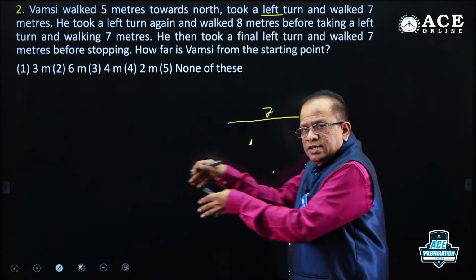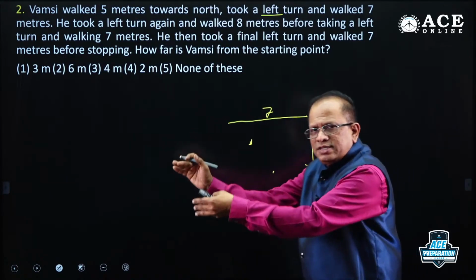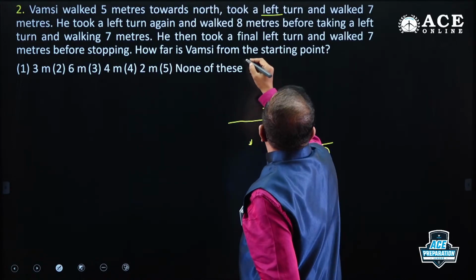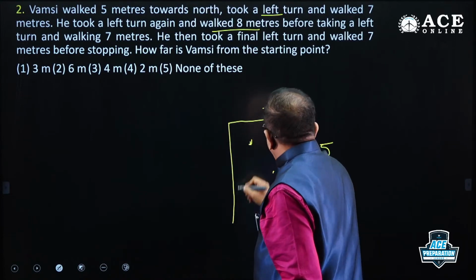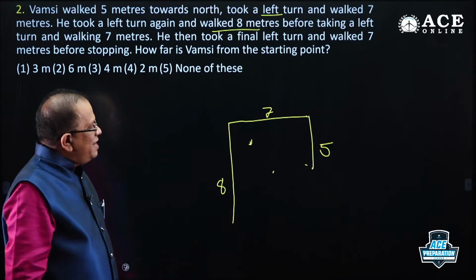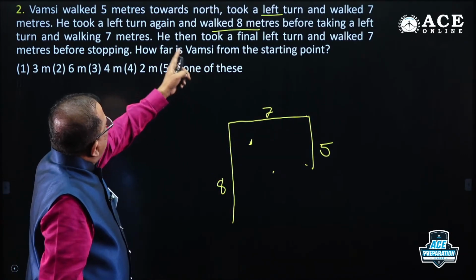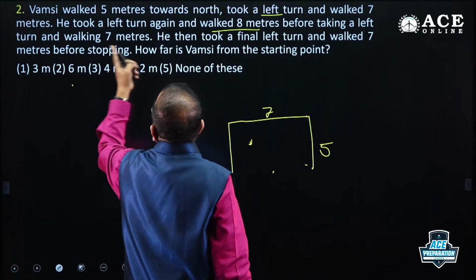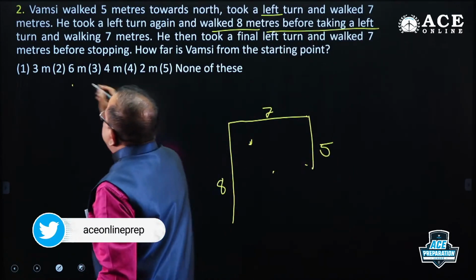So when someone is moving from east to west, left means this side, and this time how much distance did he travel? 8. So left 8 must be longer than 5. Okay, so we represent it. Find 8 meters before taking a left turn and walking 7 meters. What is the meaning of this?